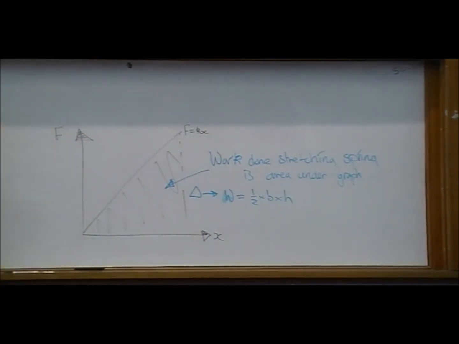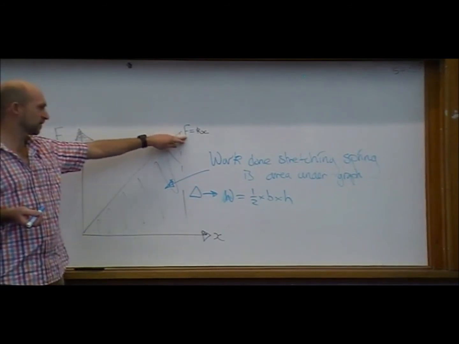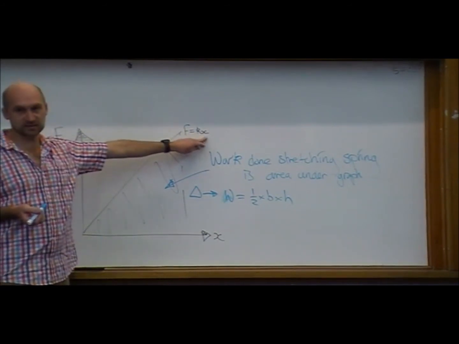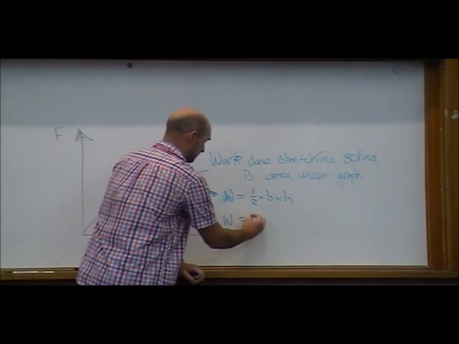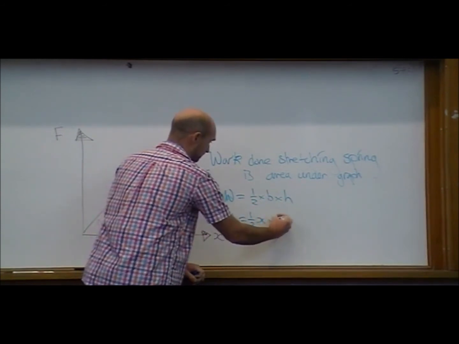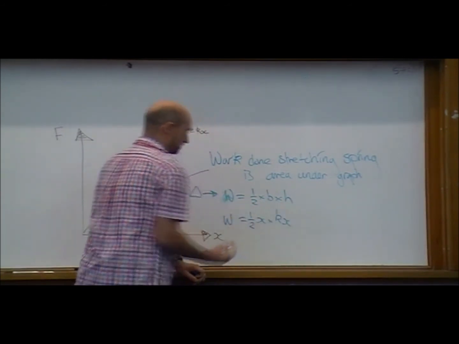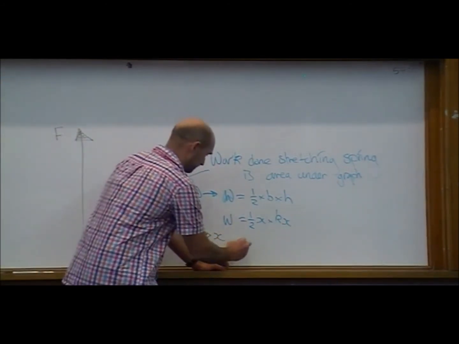And so we know that at any point the height of it is kx. And so we could write that the work is half of the base, which is just x, times kx. Half of x times kx, what does that change it to? Half of kx squared.